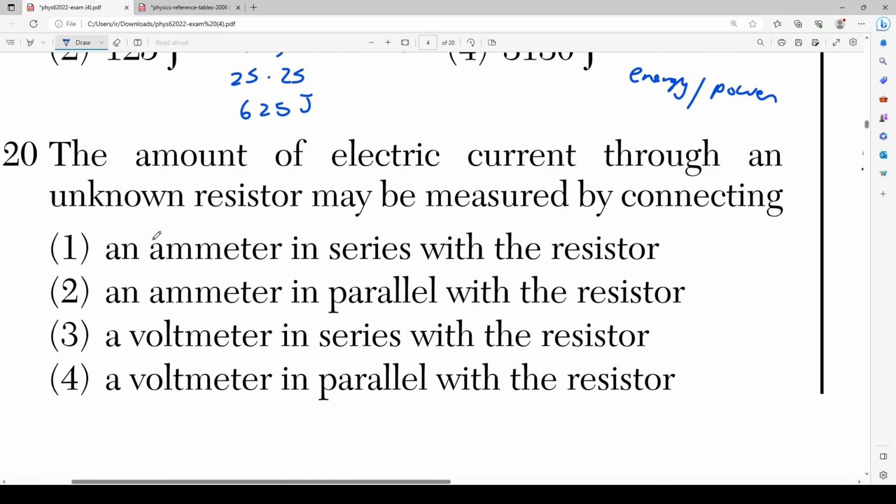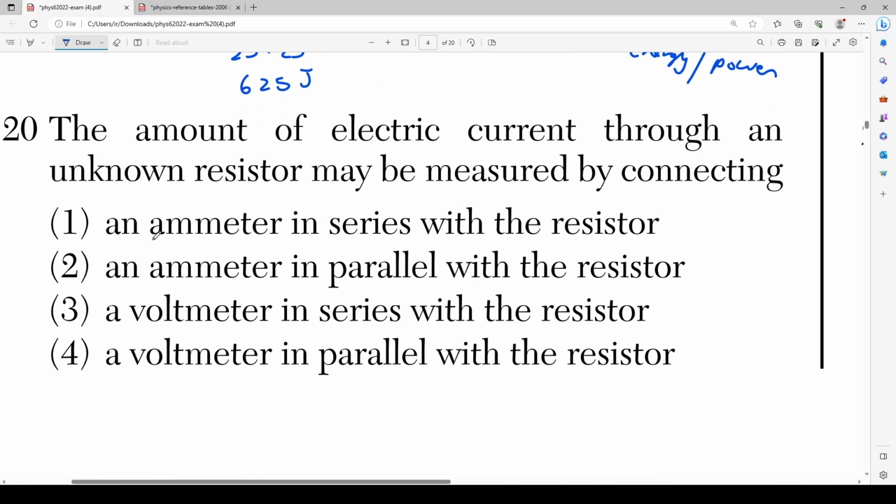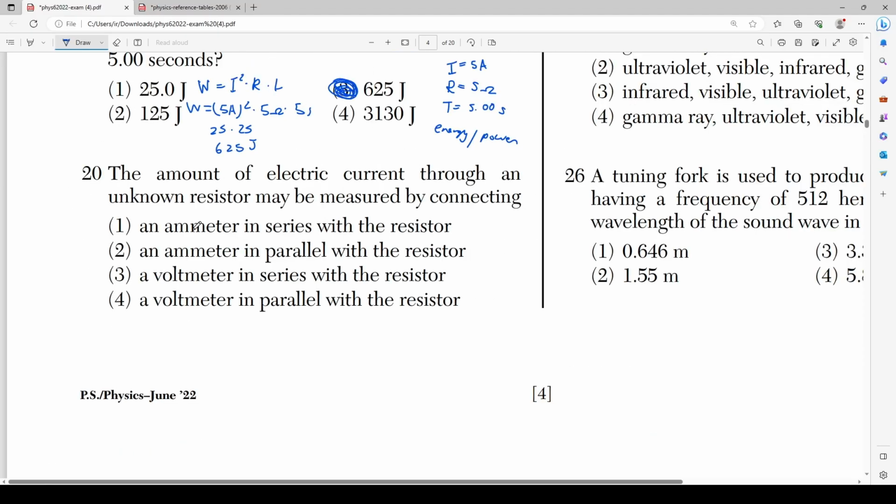That's all. Number 20 says the amount of electric current through an unknown resistor may be measured by connecting which of the following? So we have two things that we usually measure in Regents physics in circuits. The first thing is potential difference, which is voltage.